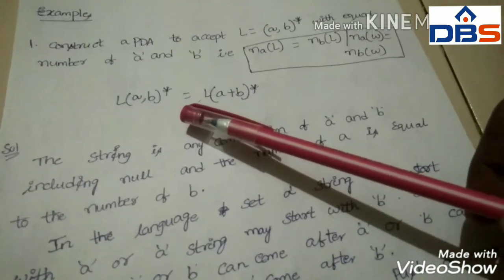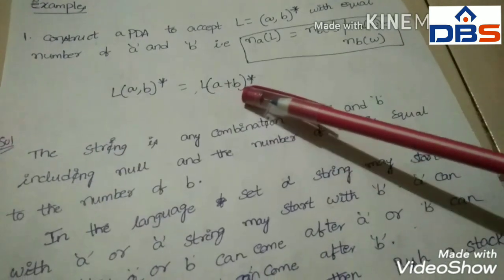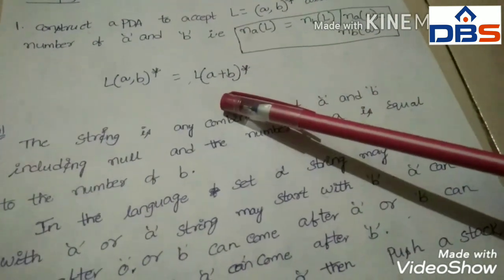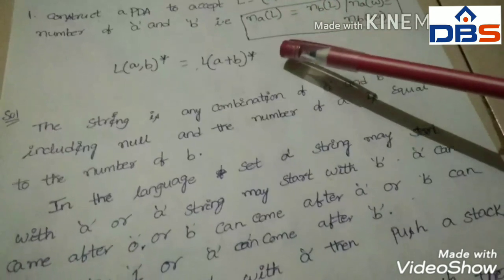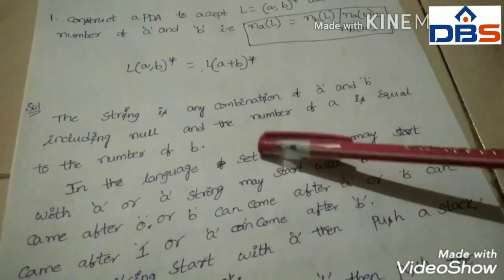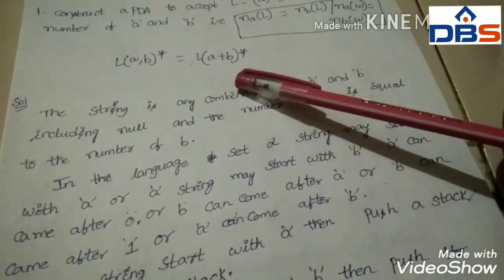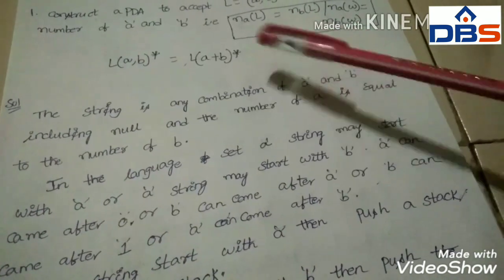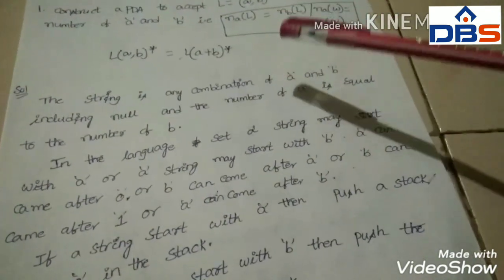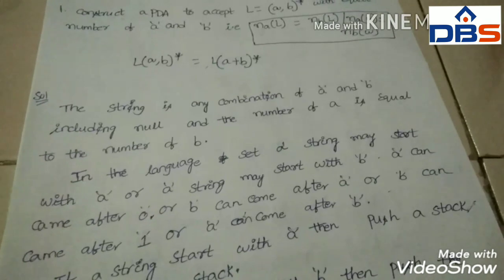Here, the solution: the string is any combination of A's and B's, including null, and the number of A's is equal to the number of B's.